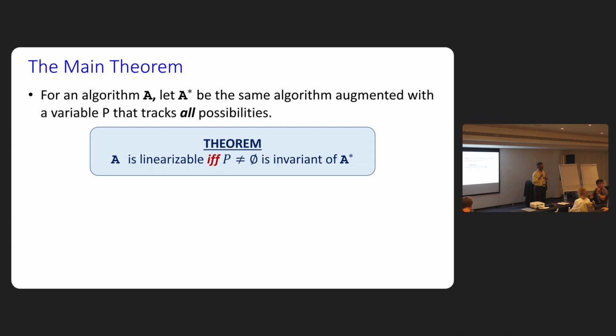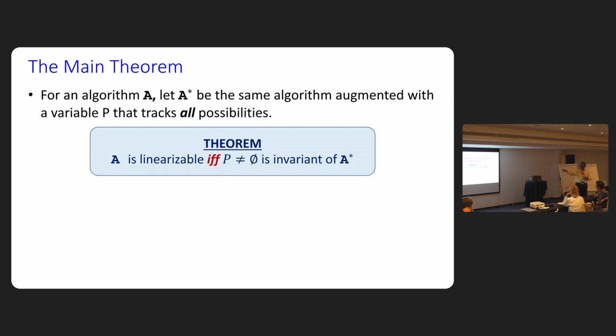But does the notation know whether some possibility is linearizable or not? You are saying the notation doesn't have a notion. I'm only claiming that what you see there: if A is linearizable, this is going to have that invariant.